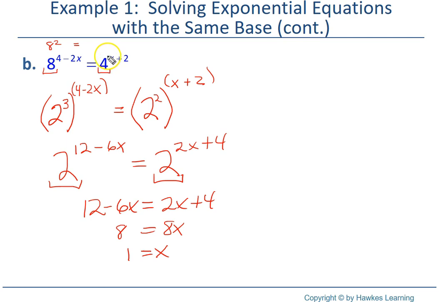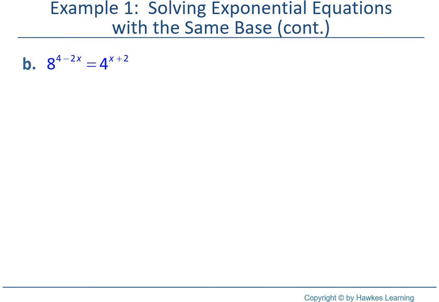And this is 1, so this is 4 to the third. 8 to the second is 64. 4 to the third is 64. So this checks. We've sort of moved away from showing that these checks work, but we'll need to be checking things here. All right, let's see what they have here.